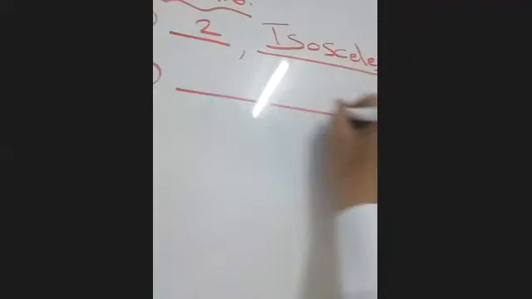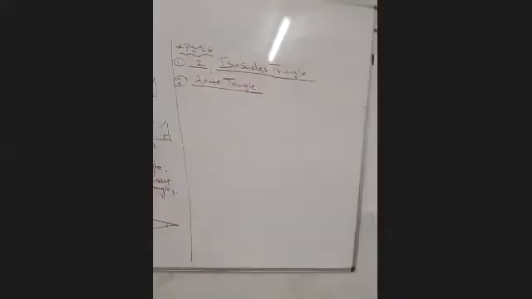So we have 3 acute angles. If we have 3 acute angles, what do we call the triangle? Acute triangle. Excellent. So in here we write acute triangle. This is question 2.